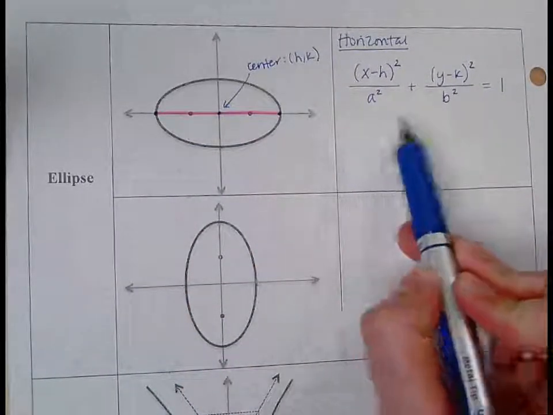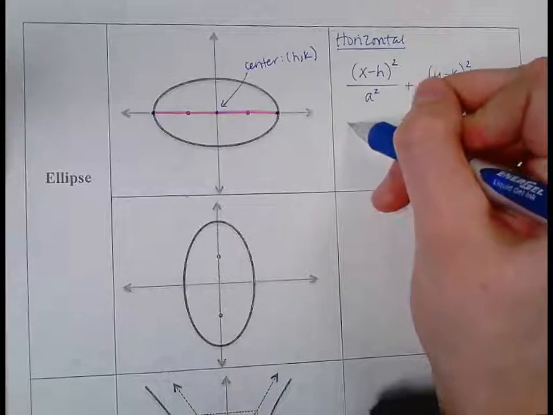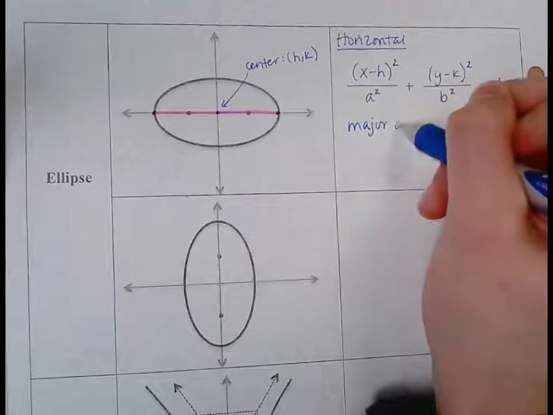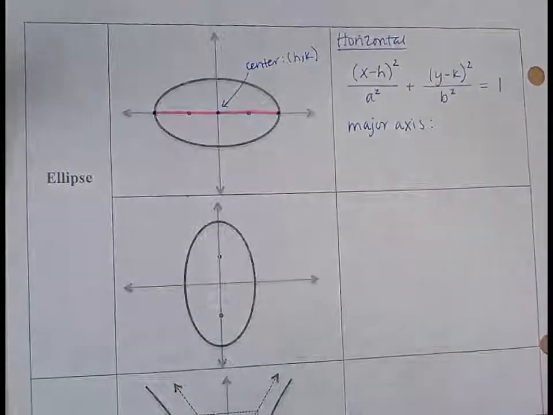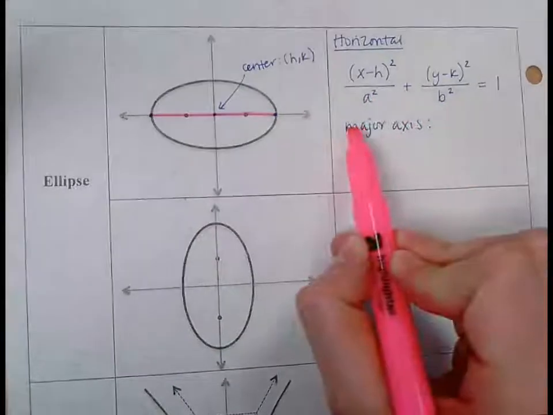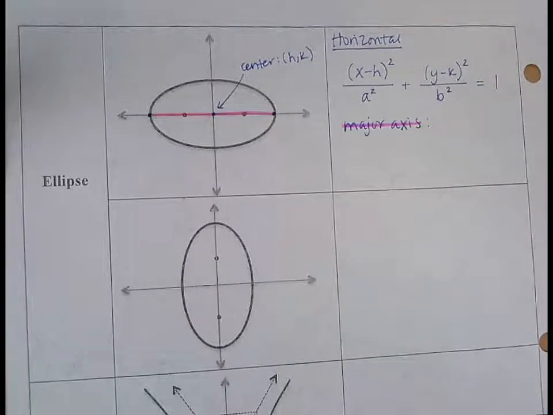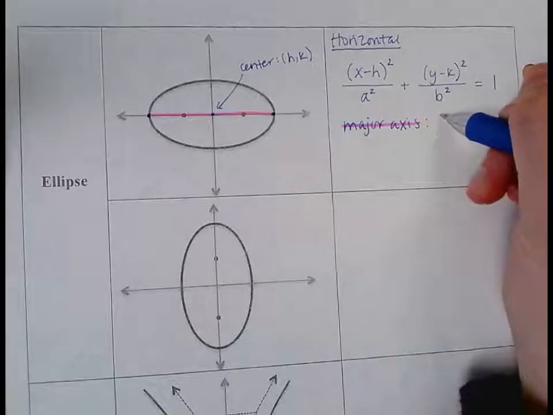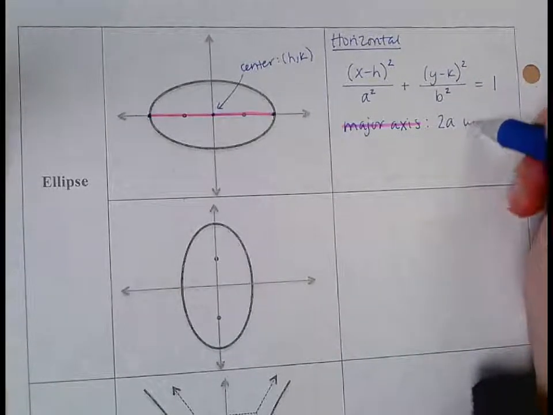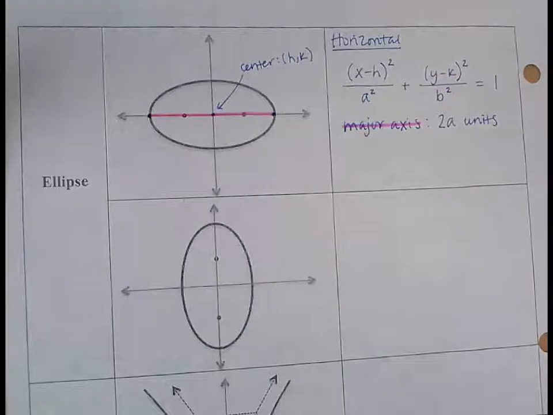So what I'm going to label over here in the box, I'll put the major axis here. On mine, I'm going to just highlight it so I know on my diagram that the major axis I highlighted in pink. However you want to do that on yours. But the length of the major axis, it's always 2a units long. So if you know the length of the major axis, that could be one of the ways you find your a value for an equation.